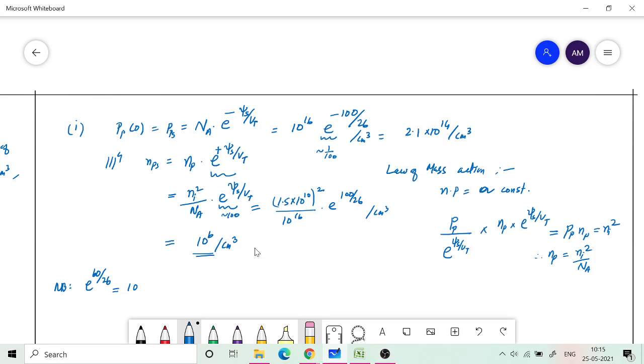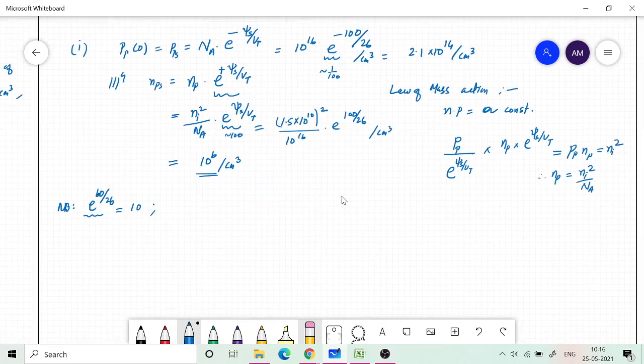If it is 120 by 26, you will get 100. So every change of voltage by 60 millivolt changes this function by a factor of 10. That's just a side thing. So we solved for case 1.